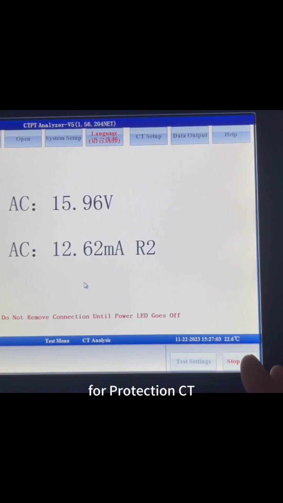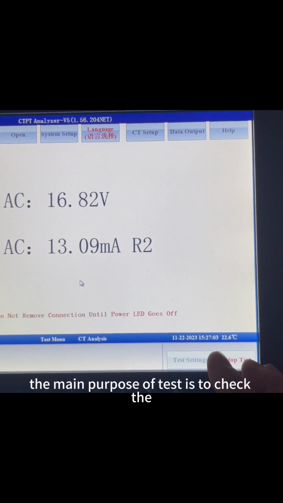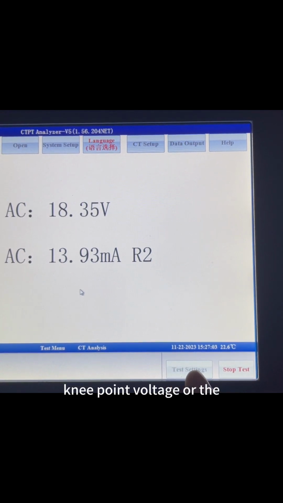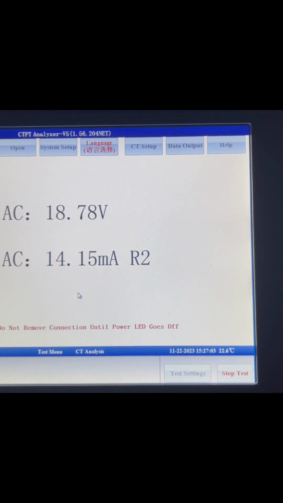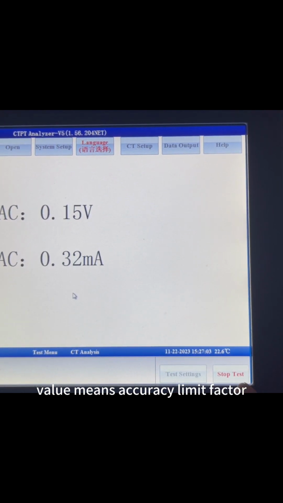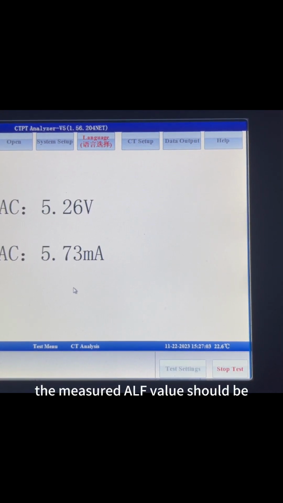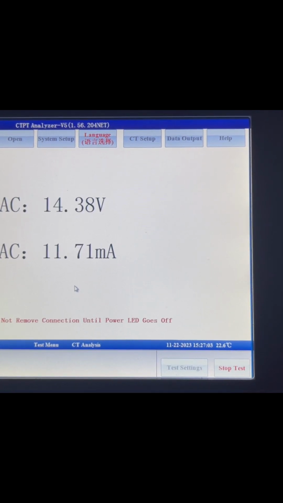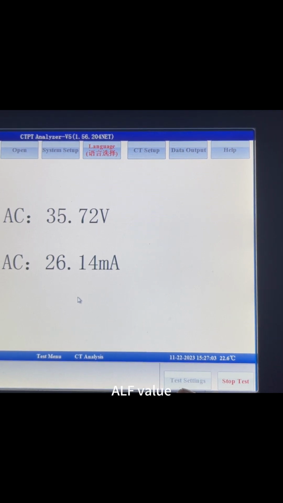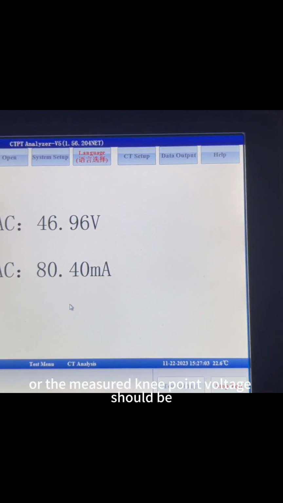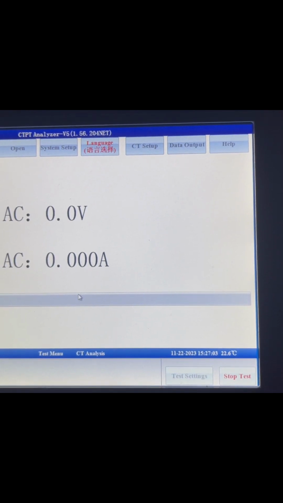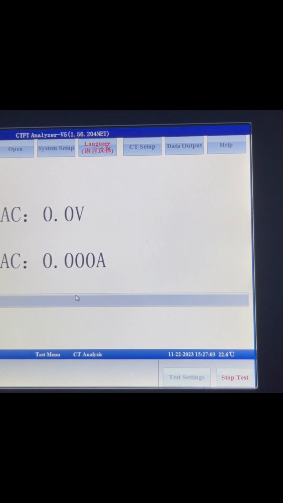For protection CT, the main purpose of the test is to check the knee point voltage or the ALF value, which means accuracy limit factor. The measured ALF value should be more than the nameplate ALF value, or the measured knee point voltage should be more than the nameplate knee point voltage.